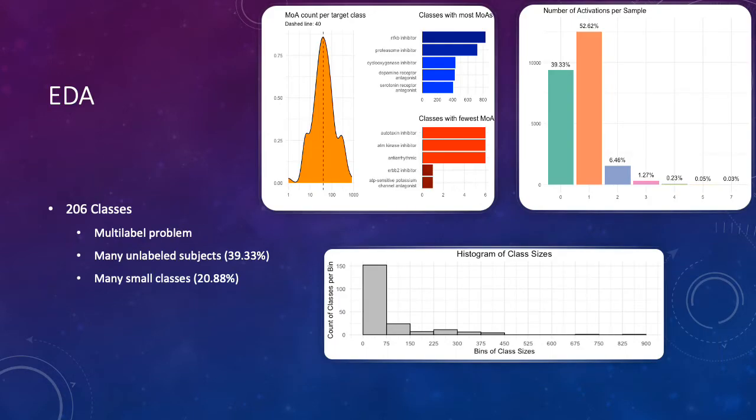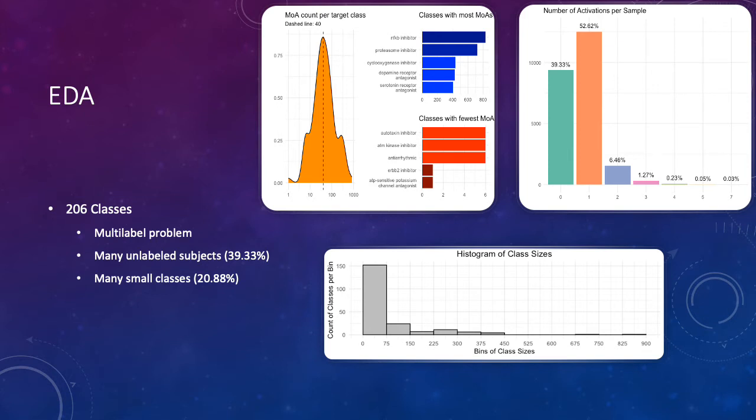Looking towards EDA, we have 206 classes, so it's pretty large. If you look at the top right, you see that around 40% have no label, 50% have one label, and around 10% have two or more. Looking at the top left, many of the classes only have around 40 subjects within them.